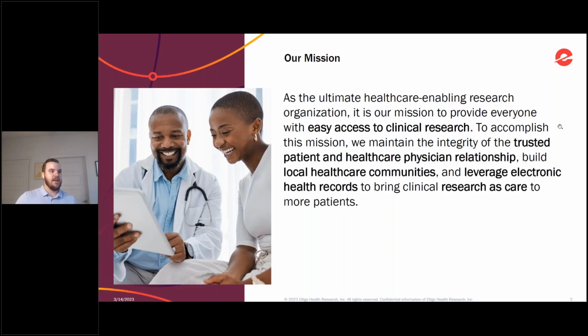Just to begin, some background on Elligo Health Research: we are a healthcare enabling research organization, and our mission and ultimate goal is to expand access to research. We do this in a number of different ways, but most importantly, we focus on maintaining the integrity of the trusted physician-patient relationship and healthcare communities, and then leverage things such as EHR data in order to bring clinical research as a care option to more patients.